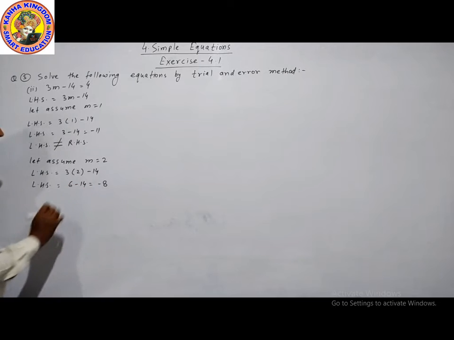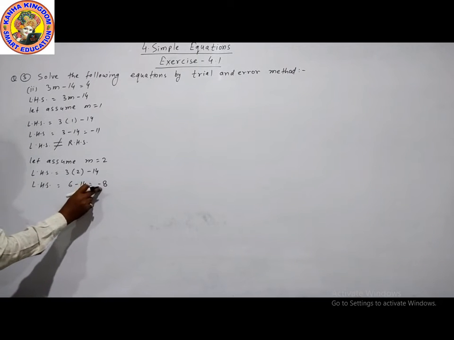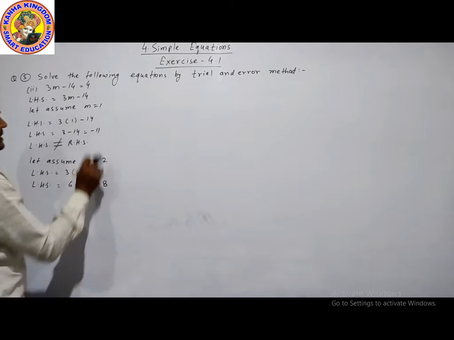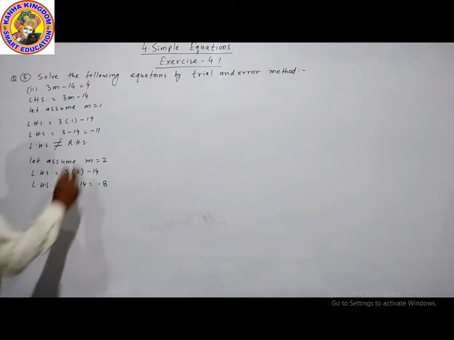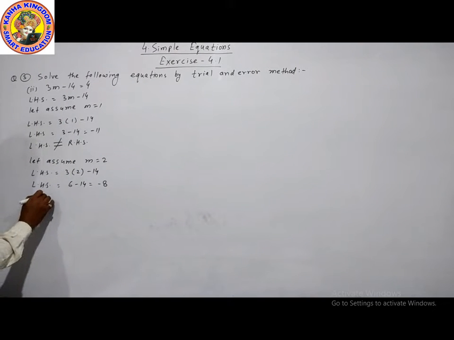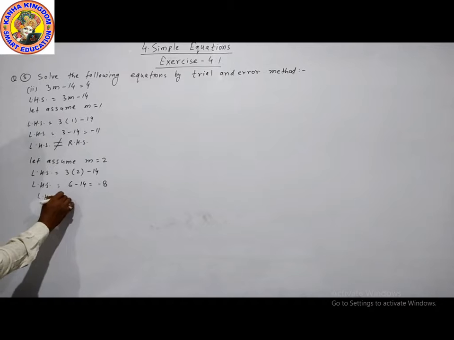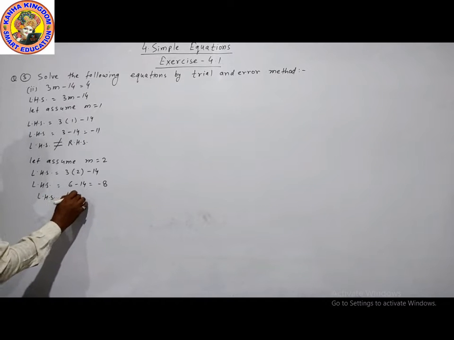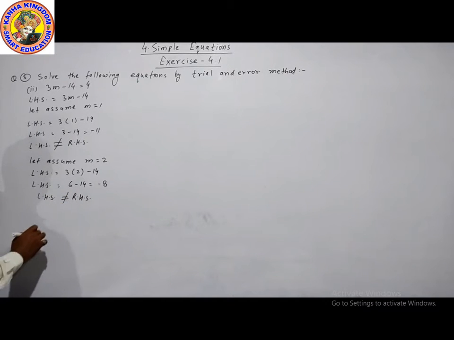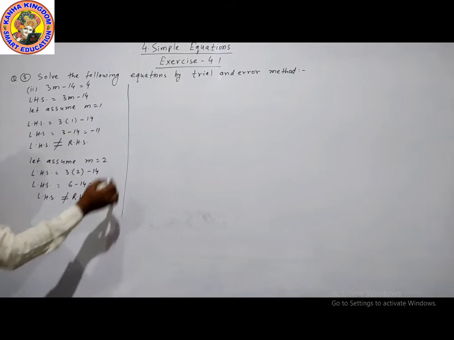Answer is minus 8. Left hand side is minus 8 and right hand side is 4. Both are not equal. Left hand side is not equal to right hand side. So this is not our solution.